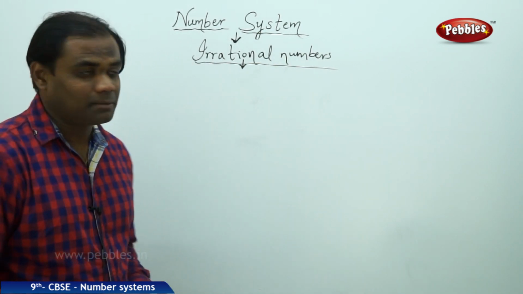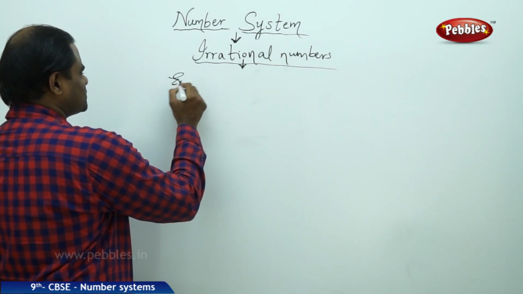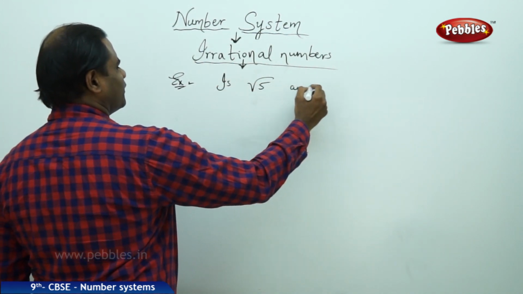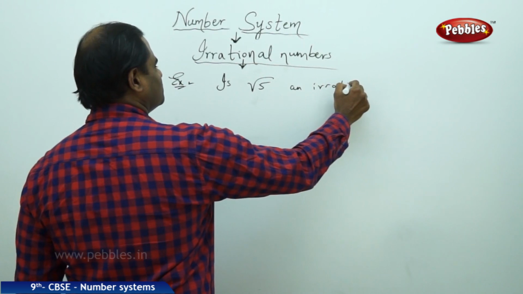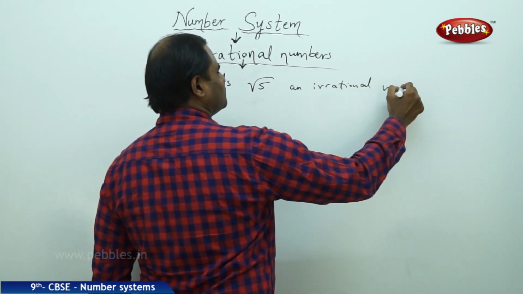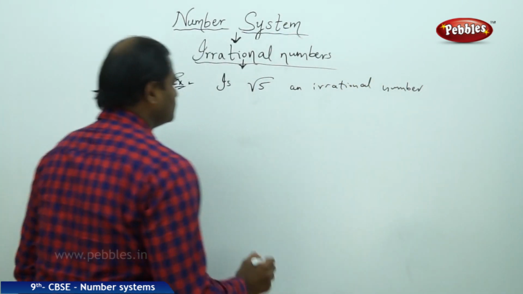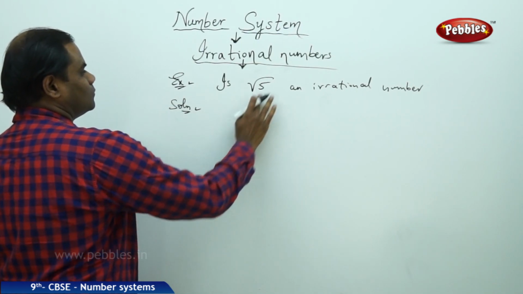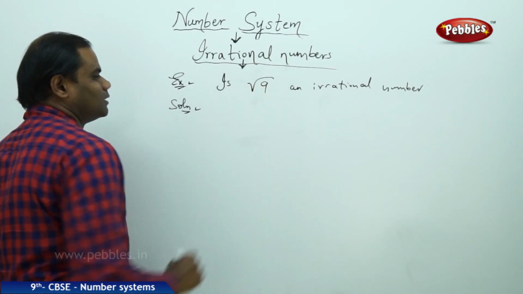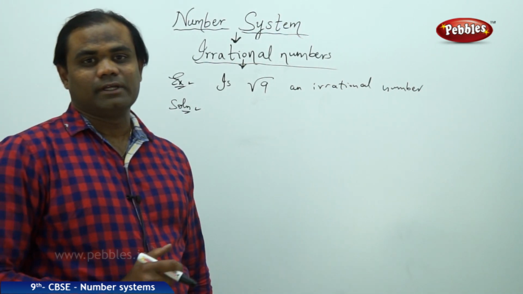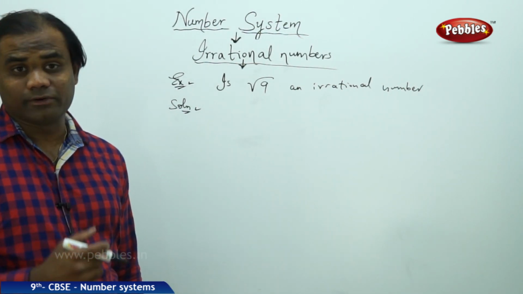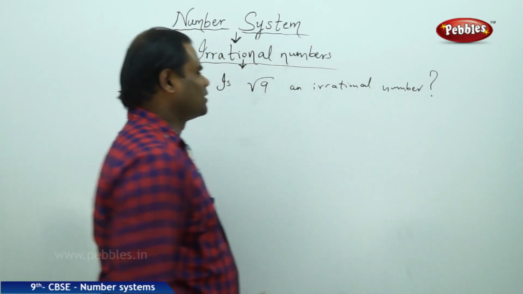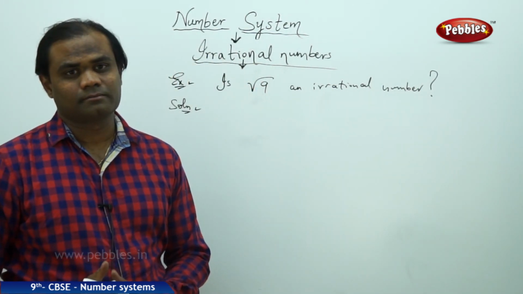Let's take an example problem which says: is root 5 an irrational number? Or I take root 9, because I just want to have an example which is not an irrational number. So my question here is: is root 9 an irrational number?